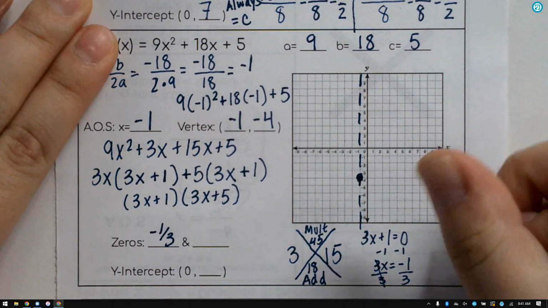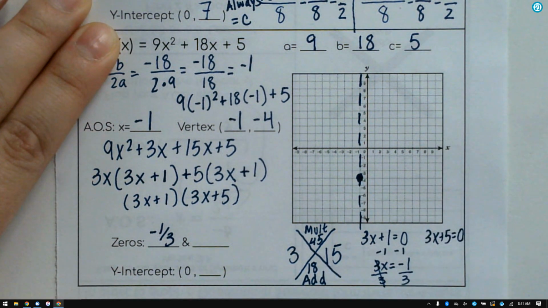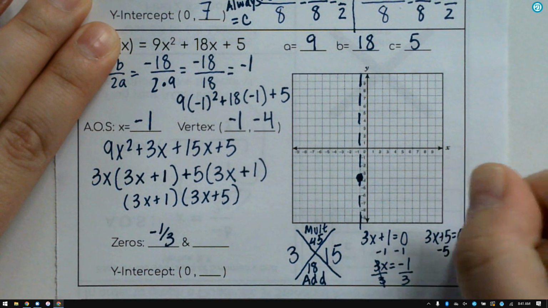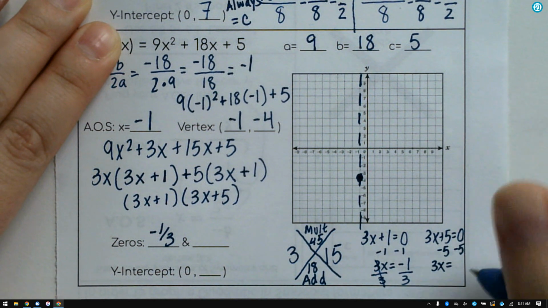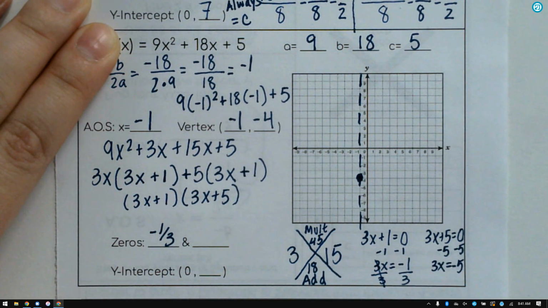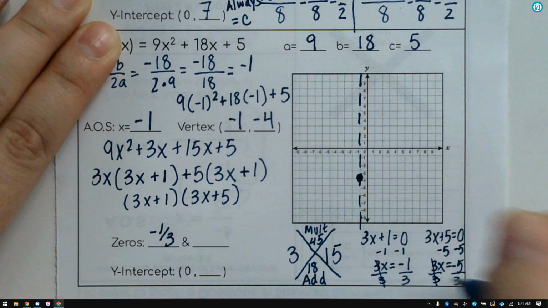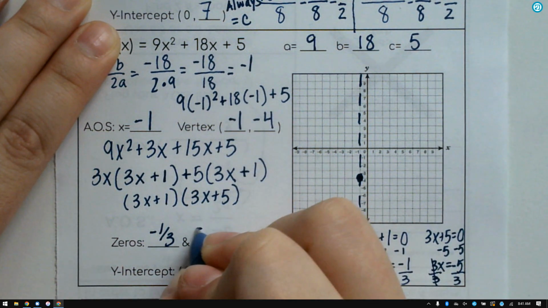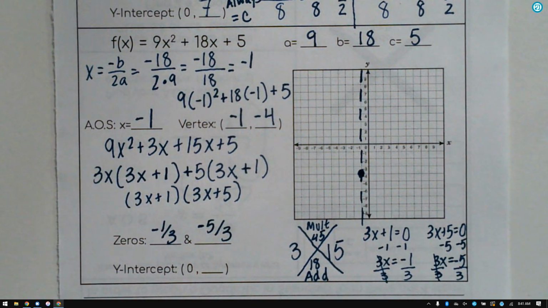For that 3x plus 5 equals 0, we would subtract 5 from both sides. Get 3x equals 0 minus 5, which is negative 5. And then divide by 3. We're going to get negative 5/3 for our other one. So our two zeros are negative 1/3 and negative 5/3.